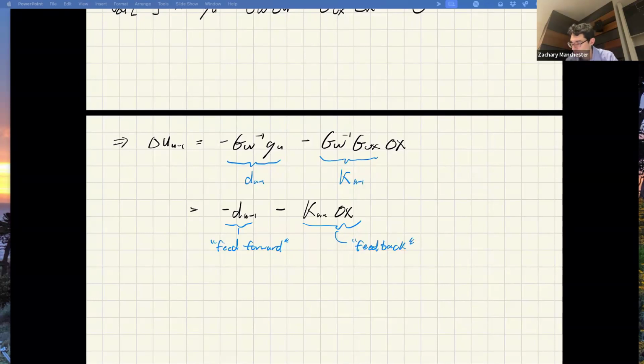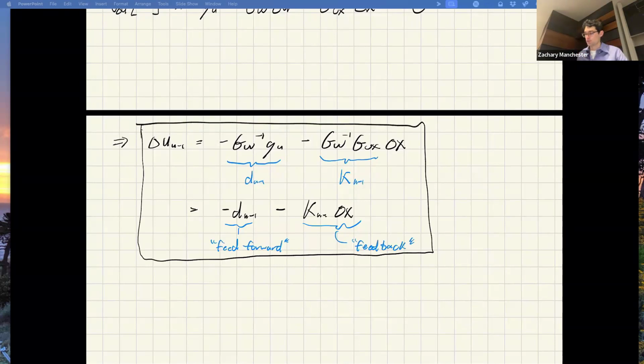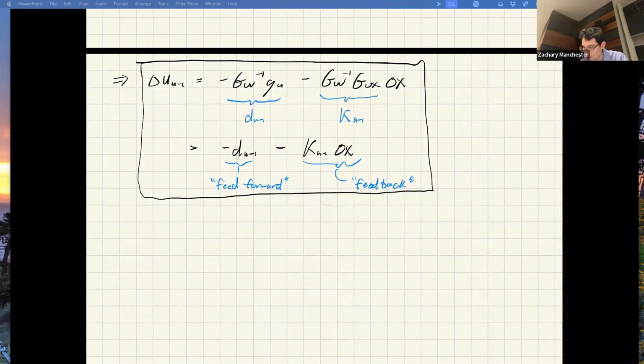Cool. So this is basically it. This is kind of the Bellman backup for this guy, assuming that second order Taylor expansion stuff. And then we just plug this back in to what we had before, into this, to get the new action value function.